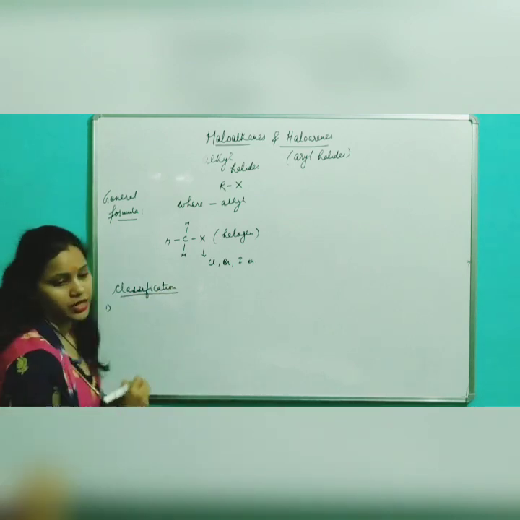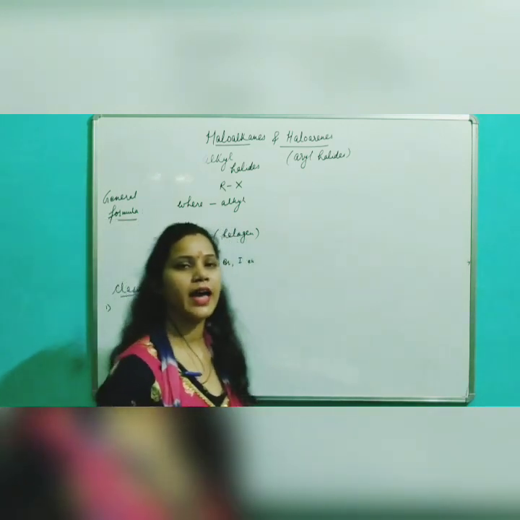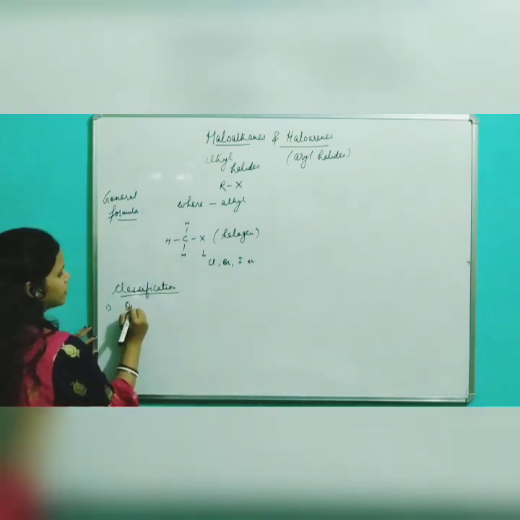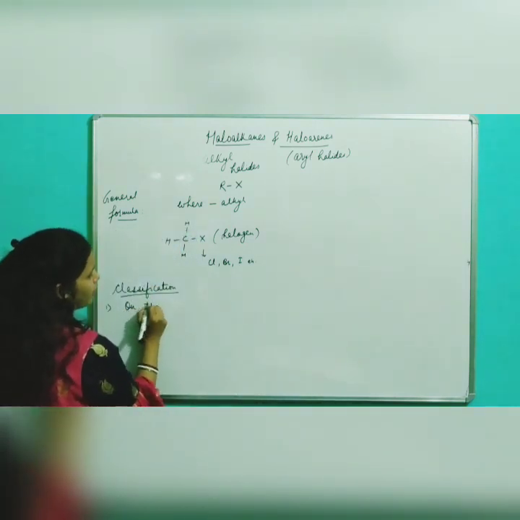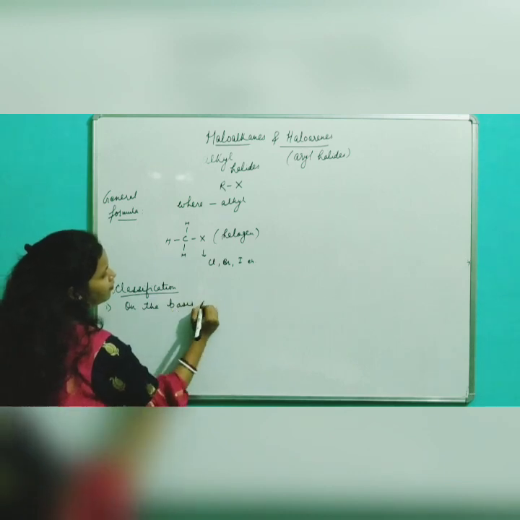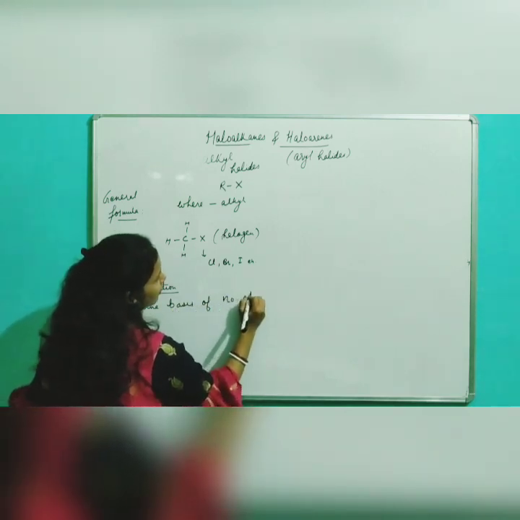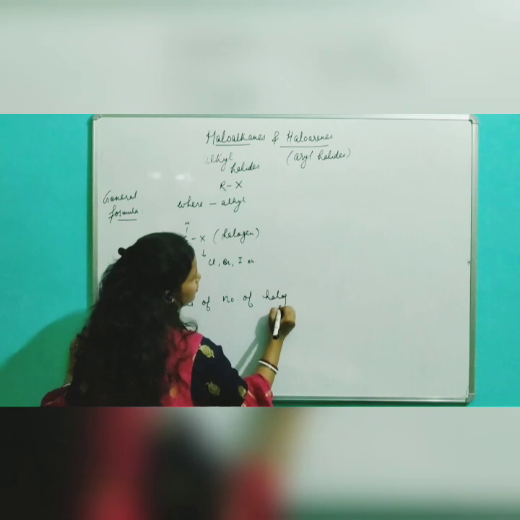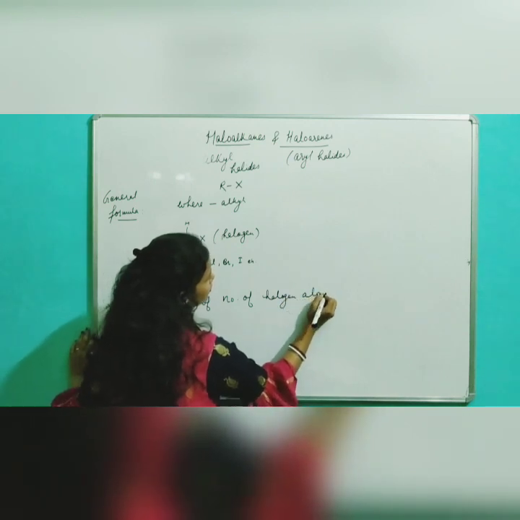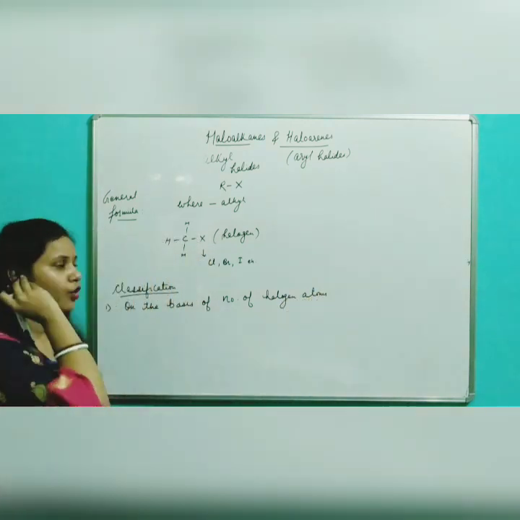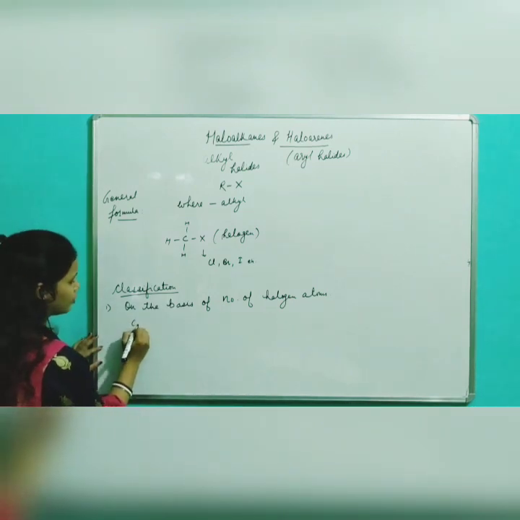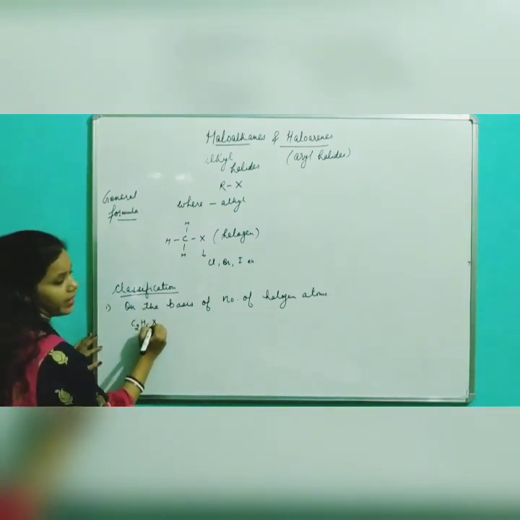The first classification is on the basis of the number of halogen atoms. So we can write it as C2H5X.